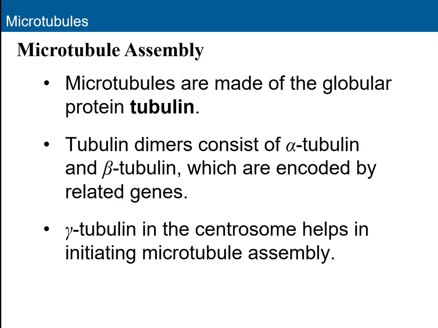All right, so again, if we talk about what they're made up of, globular protein tubulin. Again, we talked about actin filaments being made up of globular actin, right? Okay, so again, the tubulin forms dimers, okay, and then they'll form these filaments from there.